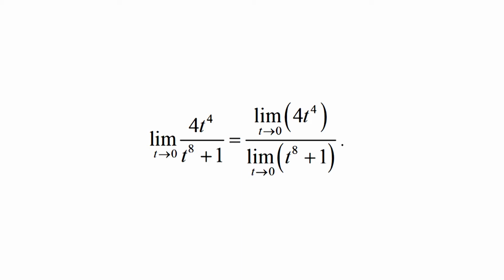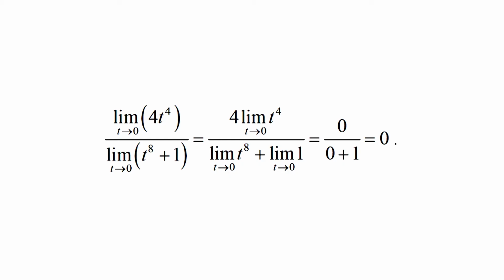Now, by the limit rule of quotients of functions of one variable, we obtain the limit as t approaches 0 of the quotient 4t⁴ by t⁸ plus 1, which is equal to the limit as t approaches 0 of 4t⁴ divided by the limit as t approaches 0 of t⁸ plus 1.